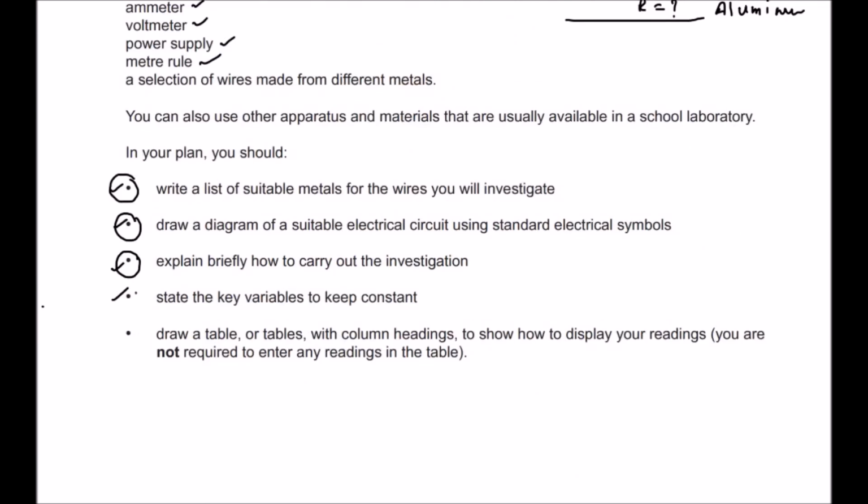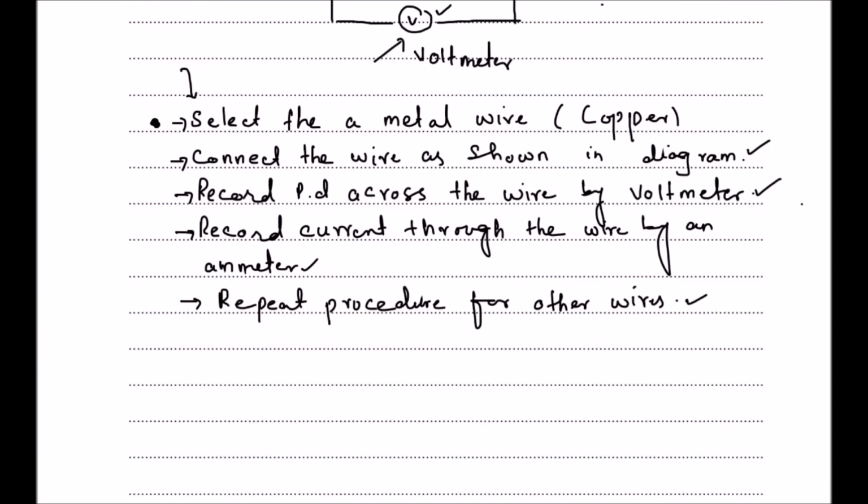In the next part, you need to discuss these points. State the key variables to keep constant. Here you write the variables you need to keep constant. Remember one thing, to get a fair comparison between the resistance of materials, you have to be careful about these things. Point number one, length of wire must be the same.